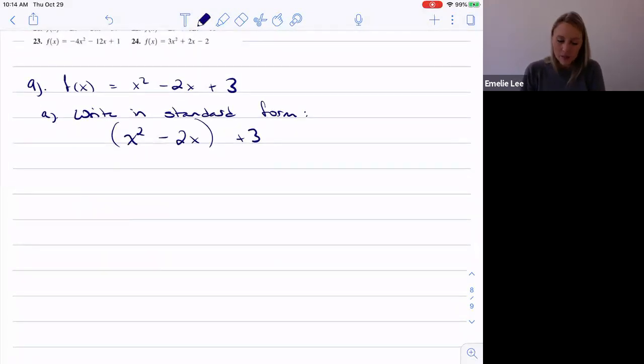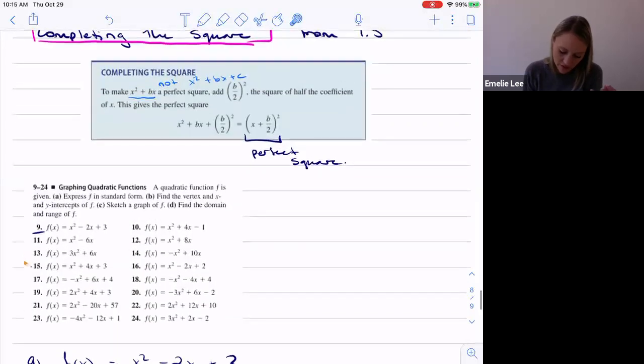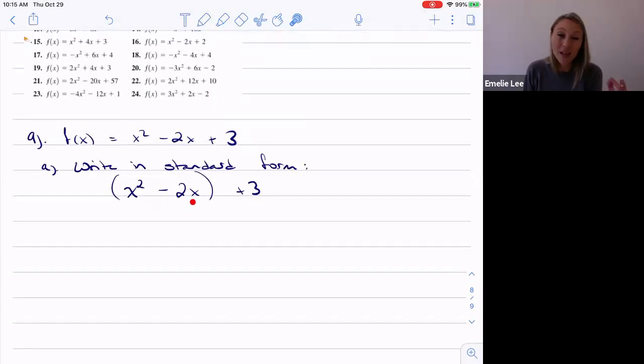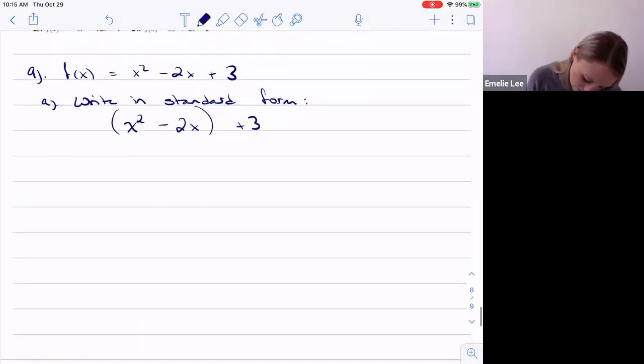Okay. So to complete the square, what I have to do is add b over 2 squared to this thing. If I'm adding it, I also have to subtract it, right, to keep things neutral. So I can't alter this thing or the meaning of this thing.